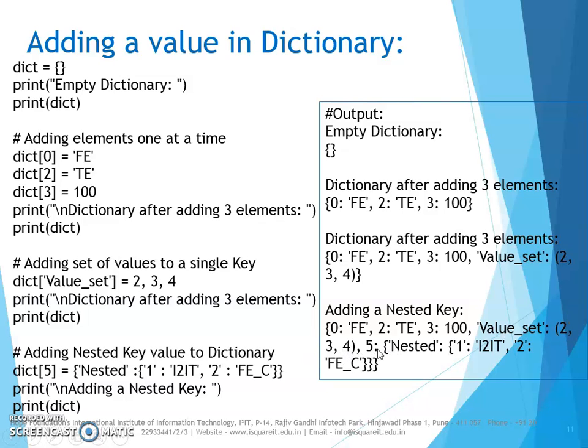This 5th is added here as a key 5, and in that one dictionary is added, that is nested key, and the values are 1 I square IT and 2 FE underscore C. So a nested dictionary is created by using this adding a value syntax.